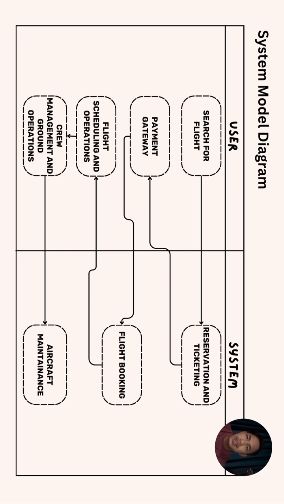Then the system directs the user to make a payment at the payment gateway, and the flight is booked by the system. The system handles flight scheduling and operation, and attends to crew management and ground operation. And lastly, the system maintains the aircraft maintenance.